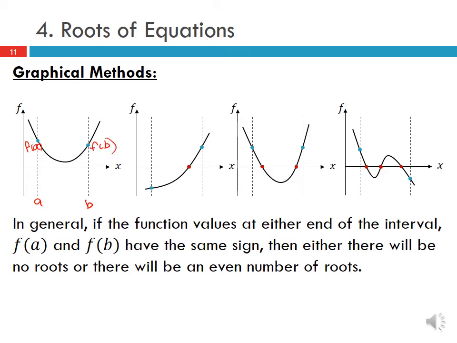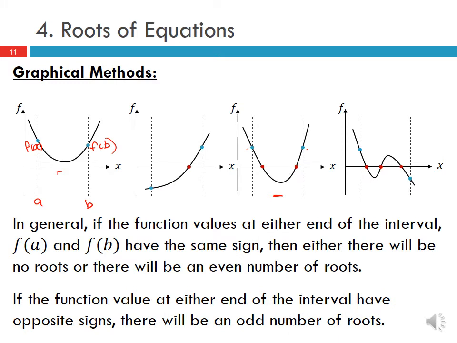If f of a and f of b have the same sign, then either there will be no roots, like this first one here, or there will be an even number of roots like this one here. We see that both f of a and f of b are positive, and there are 2 roots in that interval.